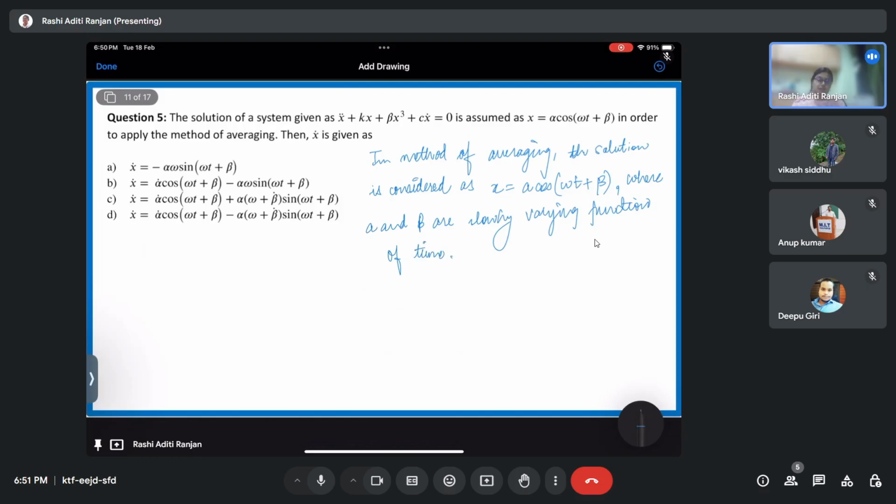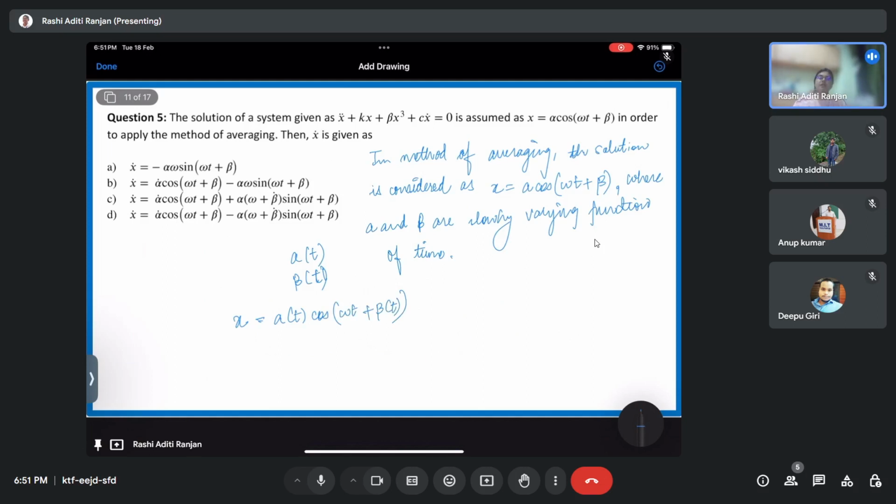So essentially a is also a function of time, beta is also a function of time. So then I would write the solution as, okay, this is my solution.